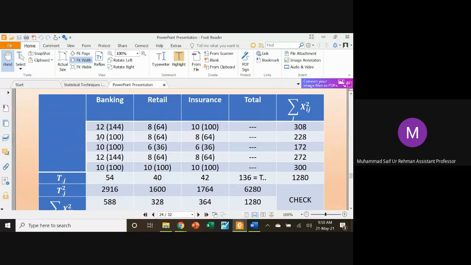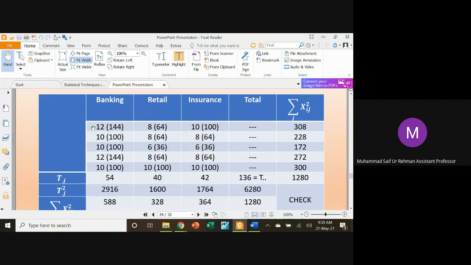In the second row, first column, T12. So the dot will take the value 2 and J will remain 1. Then the dot will take value 3, then 4 for the fourth row, and 5 for the fifth row. But there is no need of writing down 1, 2, 3, 4, 5. It is understood that the dot means rows are being changed and the column will remain the same.